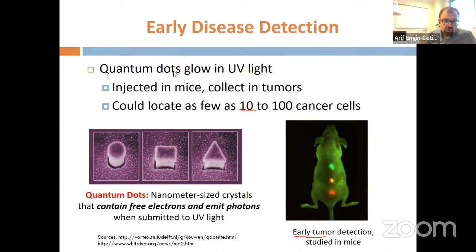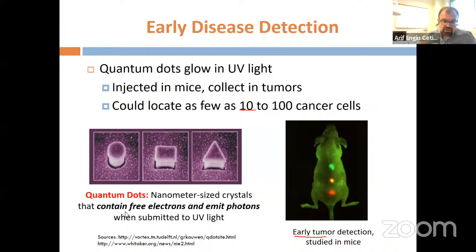Here they use quantum dots glowing under UV light. The quantum dots penetrate into mice and the tumor. So here they can use the quantum dots to see the location of the tumor. Here they used quantum dots in different shapes and sizes.